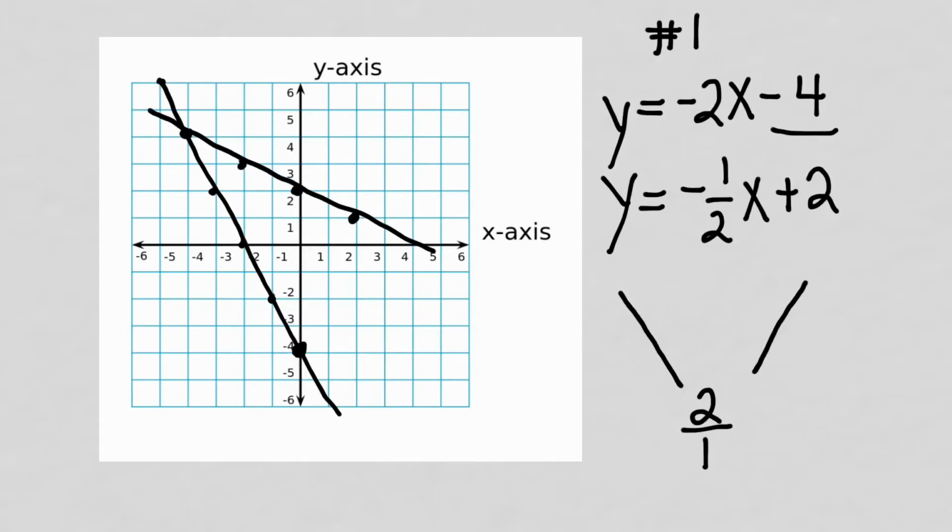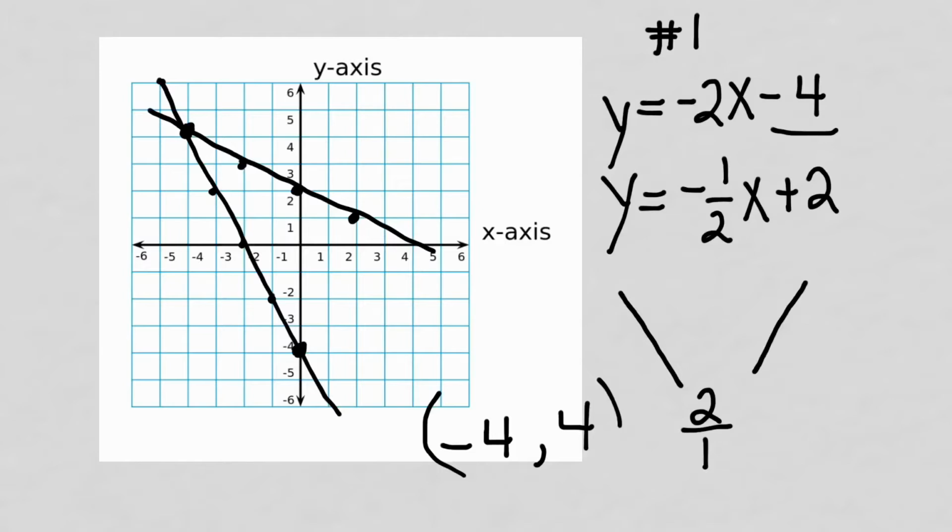I can see that the point where they intersect is right here on the plane. It's negative 4, 4.